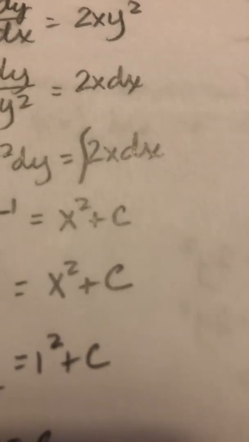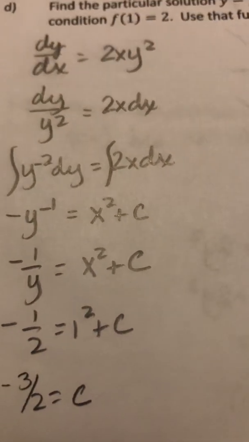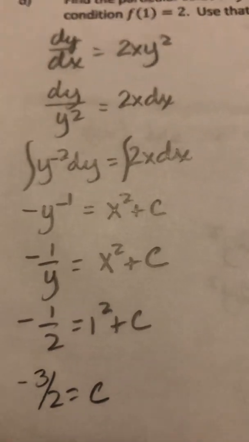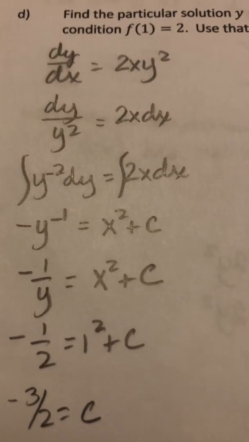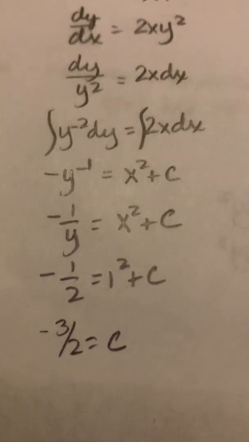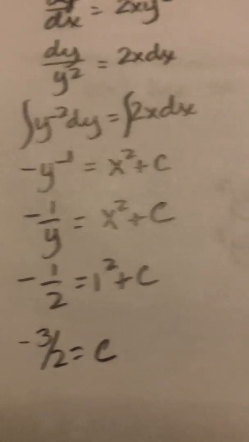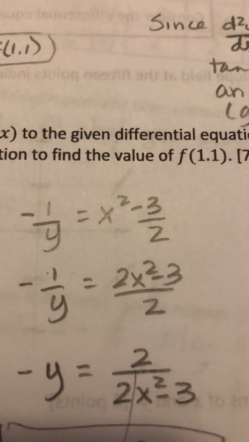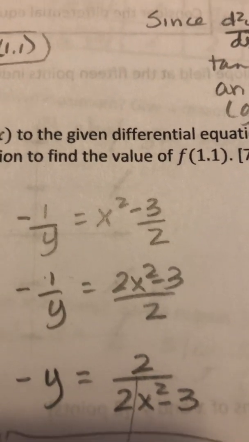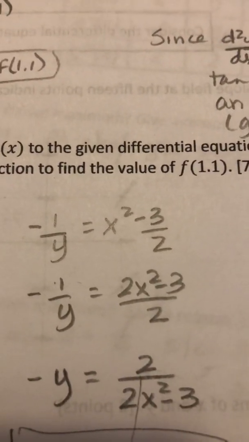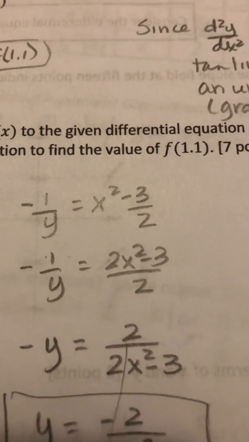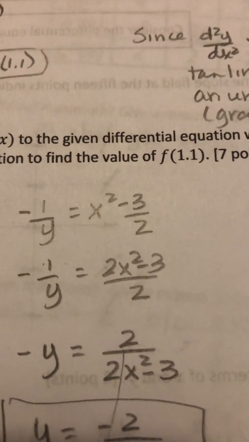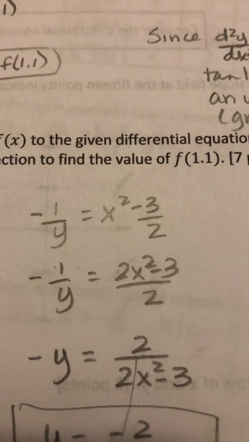And now we use our initial condition that f(1) equals 2 to solve for c. So negative 1/2 equals 1 squared plus c. Gives us c is negative 3/2. So now here comes the algebra part. Negative 1 over y equals x squared minus 3/2. What I did was I made the right side one fraction, get a common denominator, which would be 2. So that becomes 2x squared over 2.